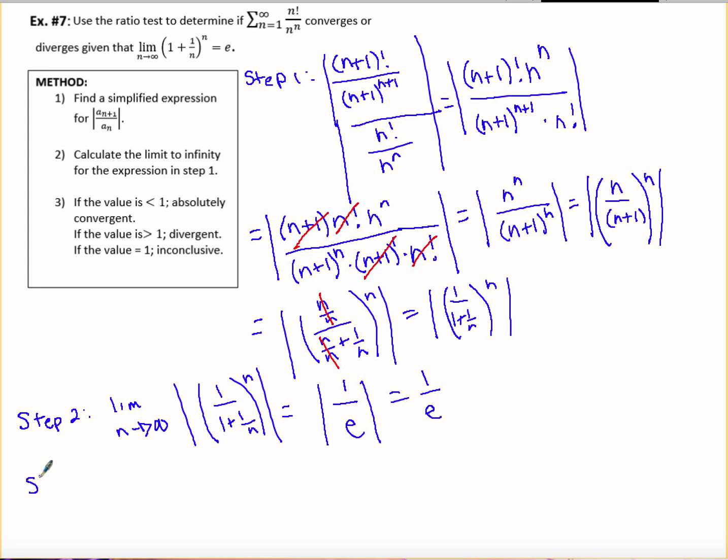Step 3 it is. Now all we have to do is compare it to 1. 1 divided by e is what to 1? Well, 1 divided by e is, let's see, I'm going to pull out my trusty calculator. It is 0.3678, blah, blah, blah. So 0.37. 0.37 is less than 1.